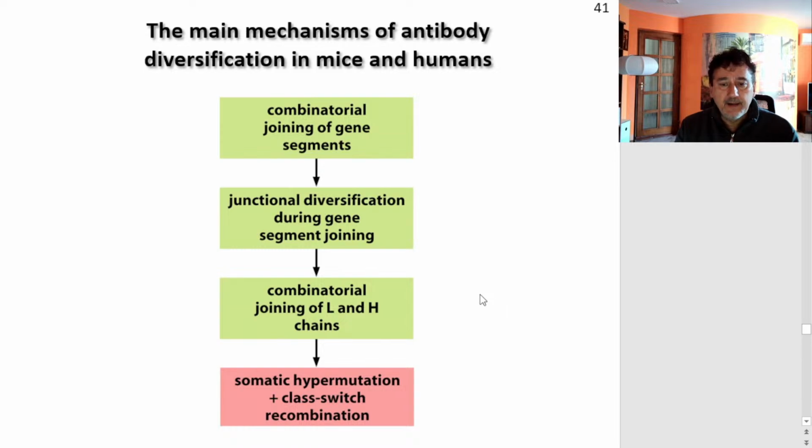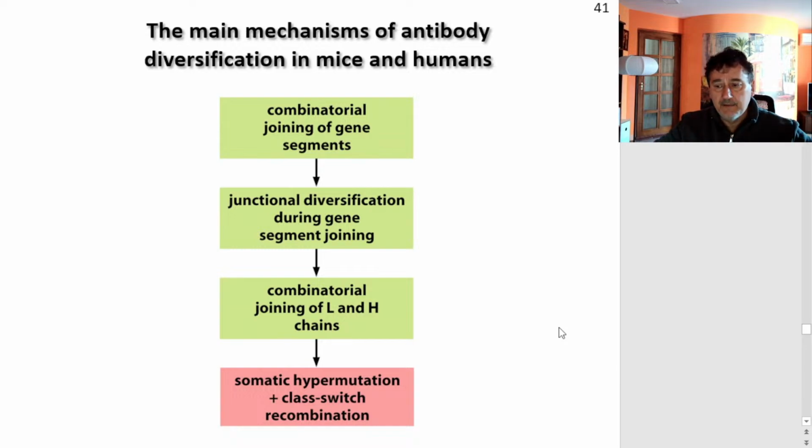Combinatorial joining of the light and the heavy chains means that we select from the paternal and maternal allelic variants, and also the lambda and the kappa light chain variants. So all of this happens prior to encountering the antigens.